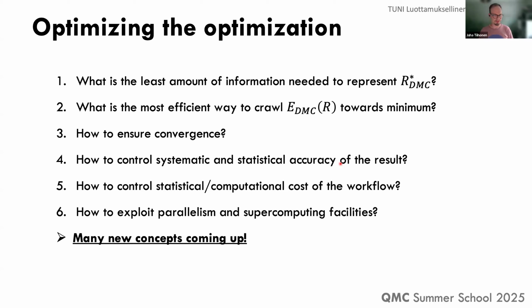How can we ensure that we converge? Also, how do we control systematic and statistical accuracy of the result? Or how do we control statistical and computational cost of the workflow and not let it blow up on us? Finally, how do we exploit parallelism and supercomputing facilities in the best possible way while doing this?